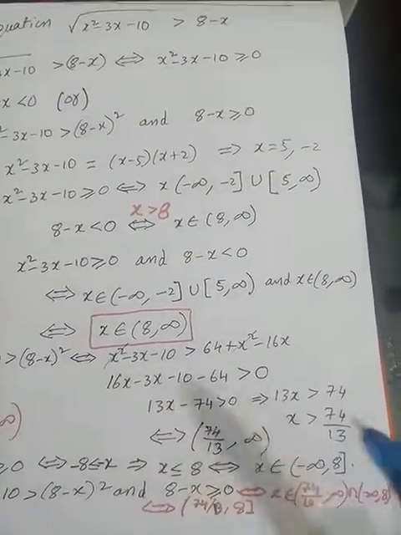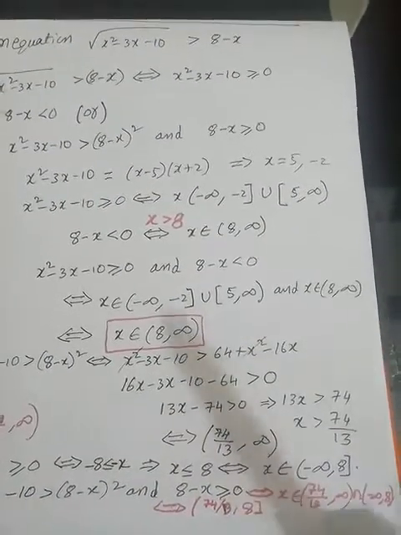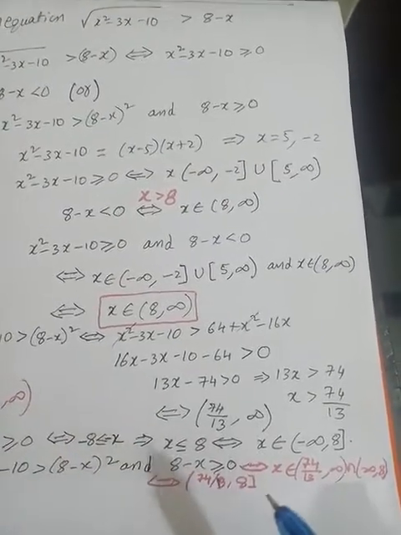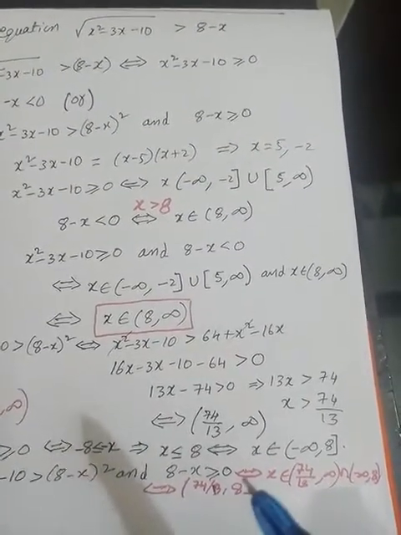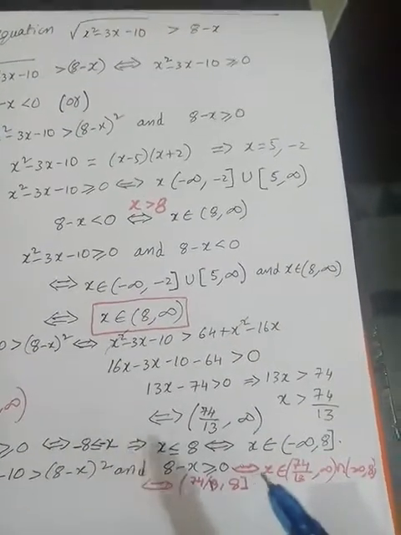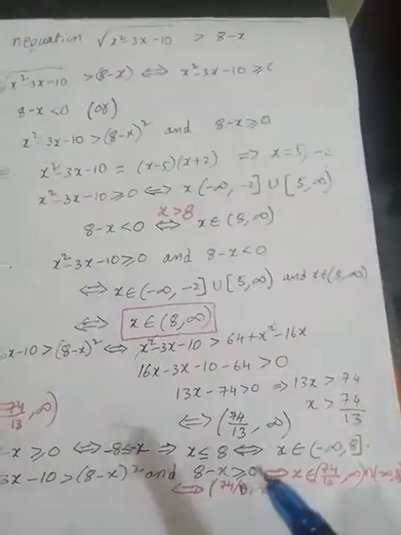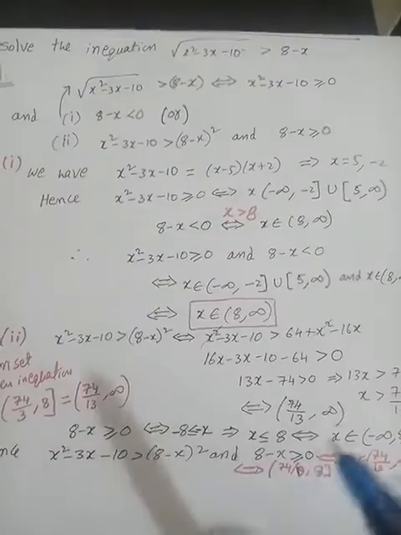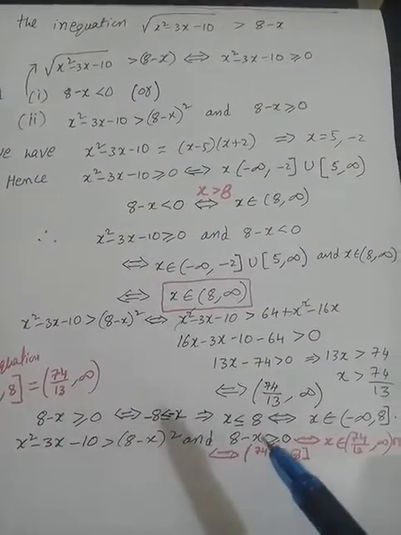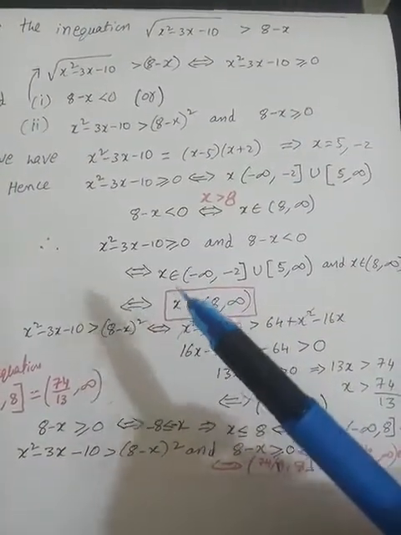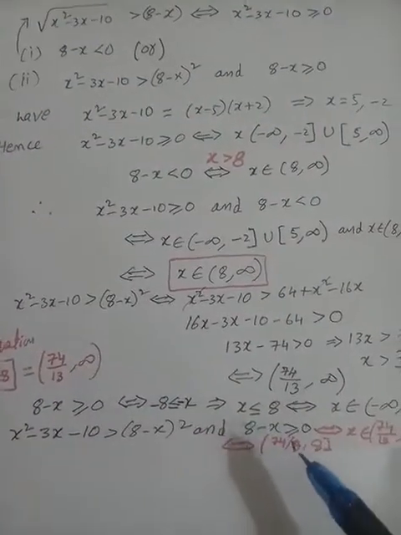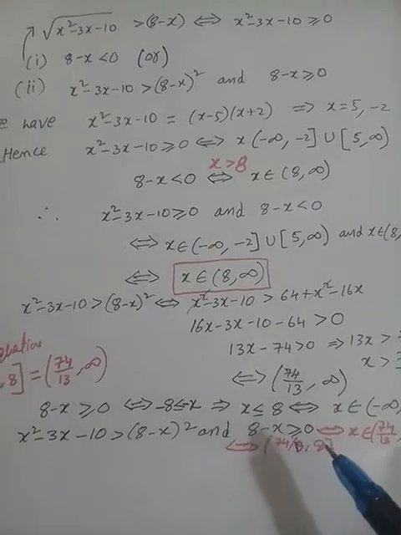So the common part is 74 by 13 comma 8. 74 by 13 is less than 8, so 74 by 13 comes first, then 8 with a square bracket. Now this is the set of x values from case 2. From the first case we got x belongs to (8, infinity), and from the second case we got (74 by 13, 8].